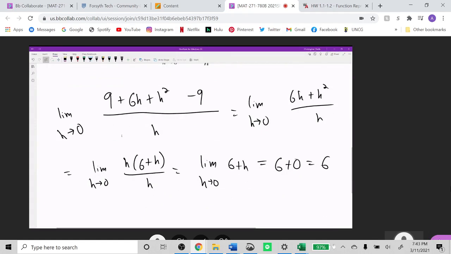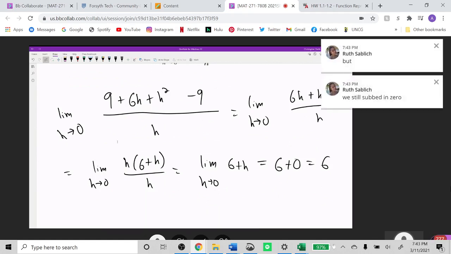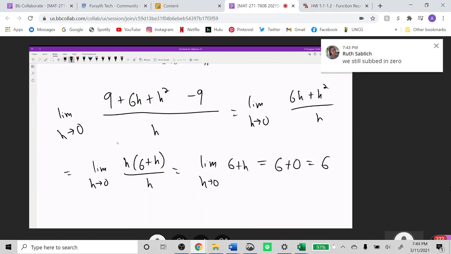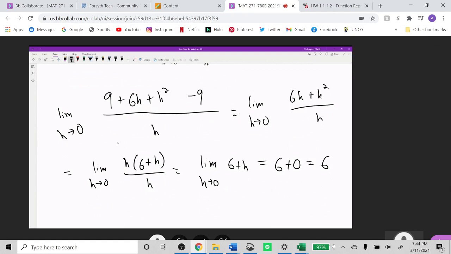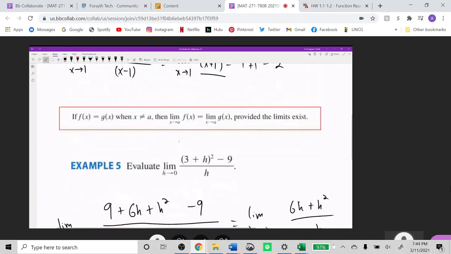What do you mean by that? Yeah, but at the end here, we're allowed to use direct substitution because I have something that is a polynomial. It could be 0. It's just I don't always care about the function value here. But this is from our direct substitution property. That's not a direct substitution property. This is.